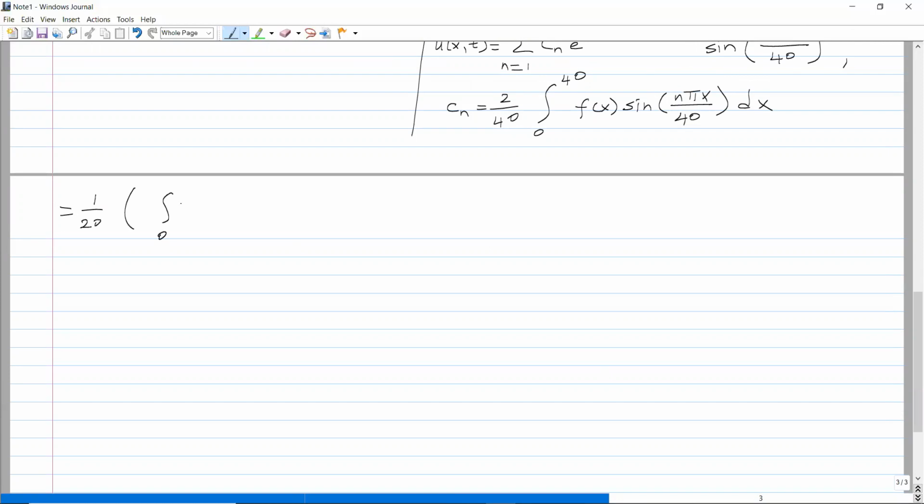First, we take the integral from 0 to 20. And in this interval, the function f is equal to x. And then we take the interval from 20 to 40. And in this interval, the function f is given as 40 minus x.